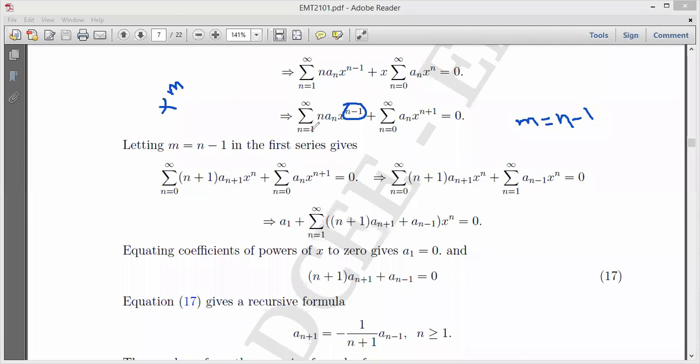So you have m plus 1, and then you must look for the new lower limit, and that one will definitely go to 0. So in simplicity, if you have m equal to n minus 1, you can compute n. n will be m plus 1.